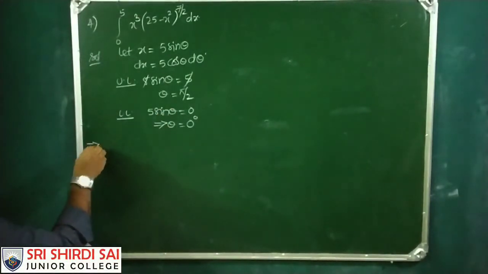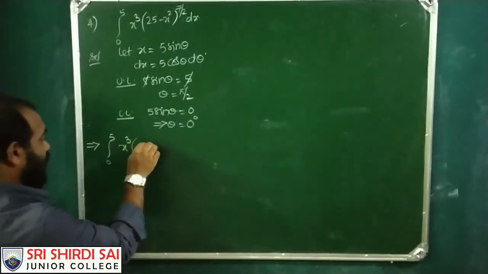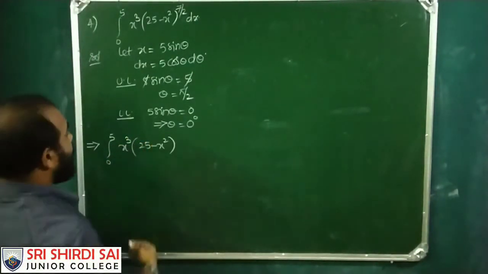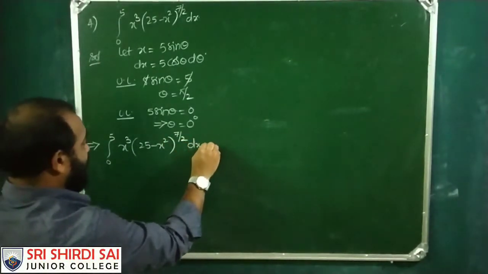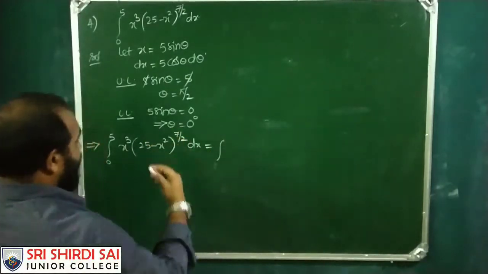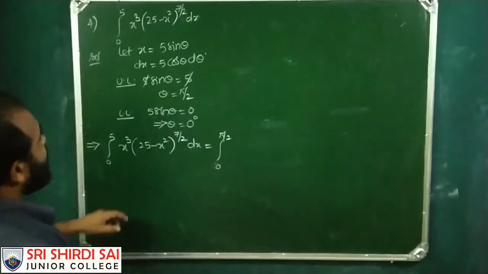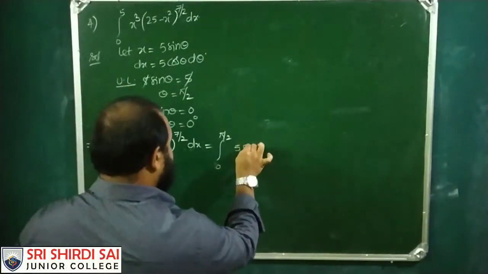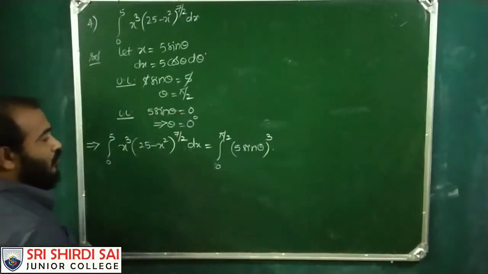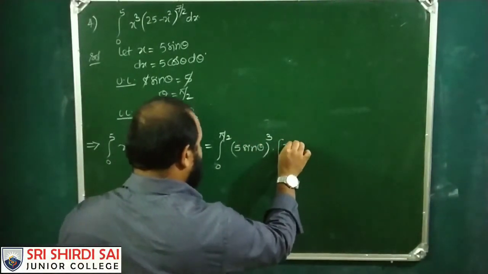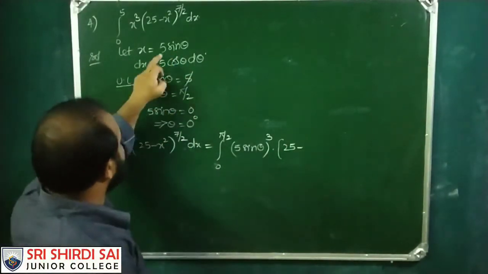This is equal to integral 0 to 5 x cube into 25 minus x square whole power 7 by 2 into dx. This is equal to 0 to pi by 2, into x cube is 5 sin theta whole cube, into 25 minus x square, x is 5 sin theta, x square is 5 sin theta whole square.